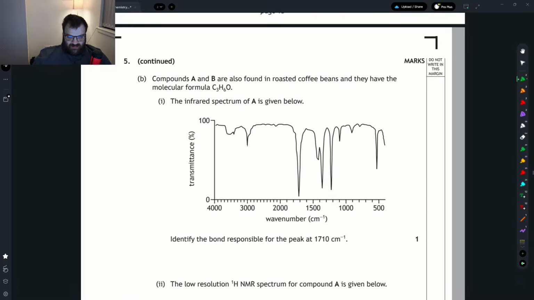Next up, we're asked about the bond that is responsible for the peak at 1710, and we've got a molecular formula now. We can have a wee play around first of all about what types of chemicals we could have. So with a single oxygen, I'm thinking alcohols, ethers, ketones, or aldehydes. If I was to put in an alcohol, and alcohols and ethers have the same formula, that's not going to work, because we would need 1, 2, 3, 4, 5, 6, 7, 8.